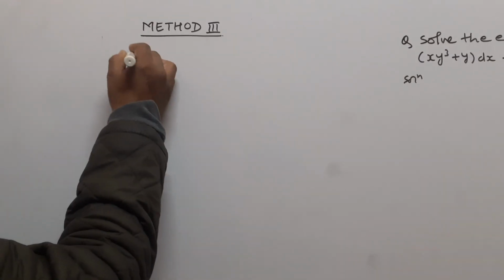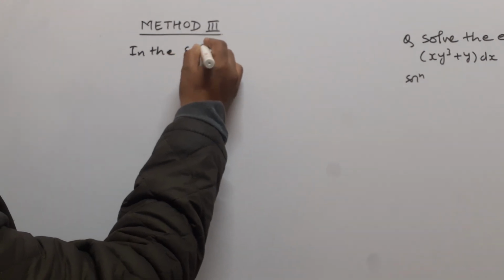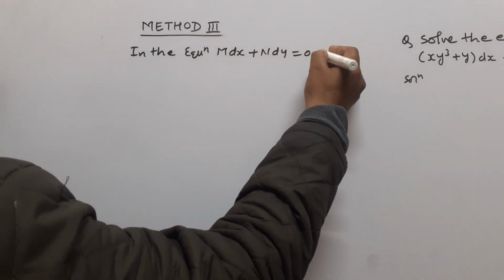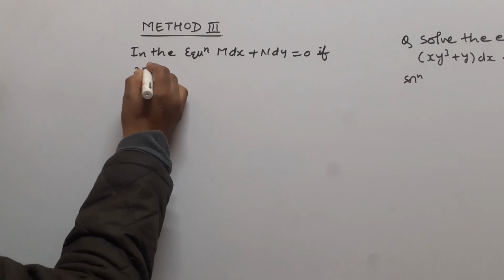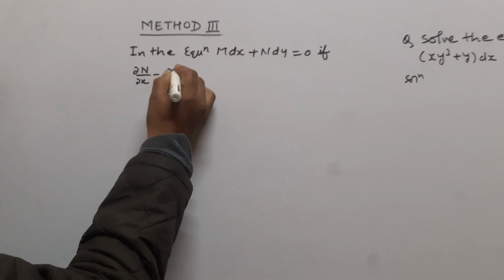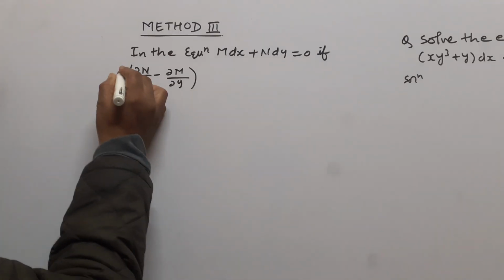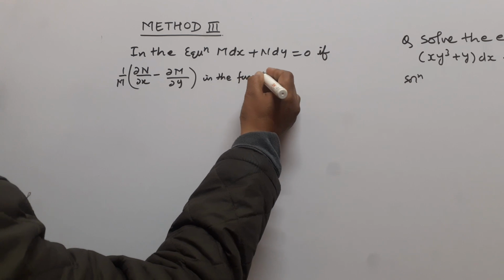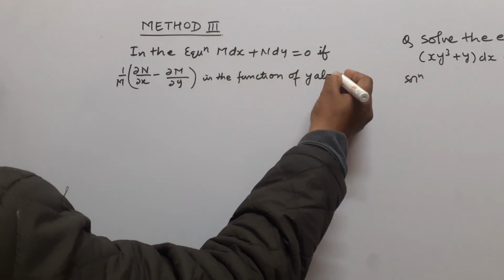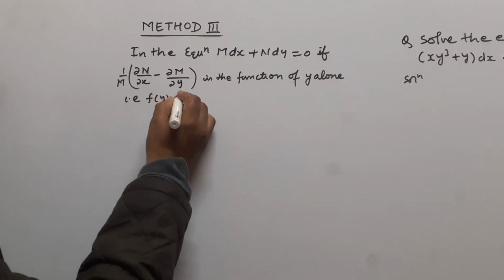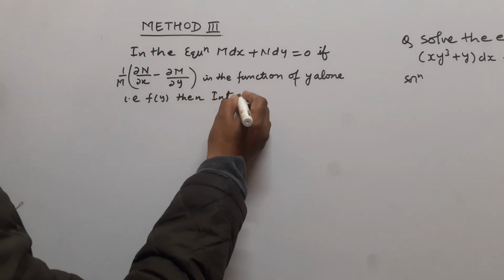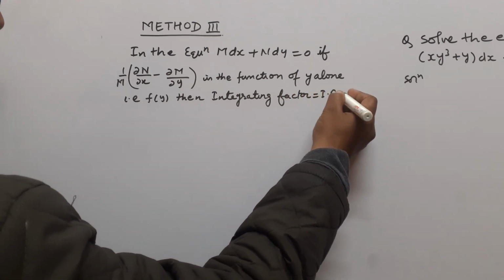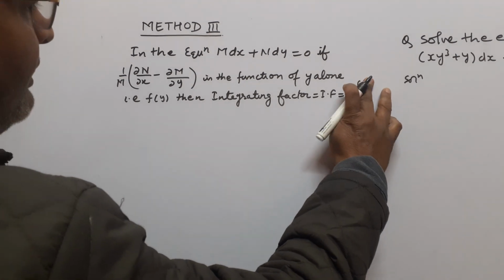Third, in the equation M dx plus N dy equals 0, if (∂N/∂x minus ∂M/∂y) multiplied by 1 upon M is a function of y alone, that is f(y), then the integrating factor, I.F., is equal to e to the power integration of f(y) dy.